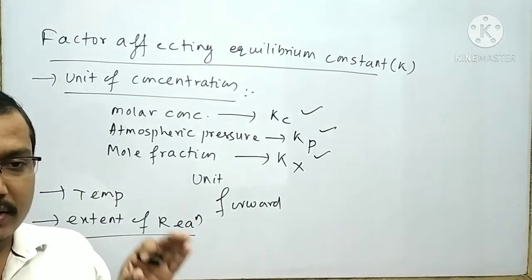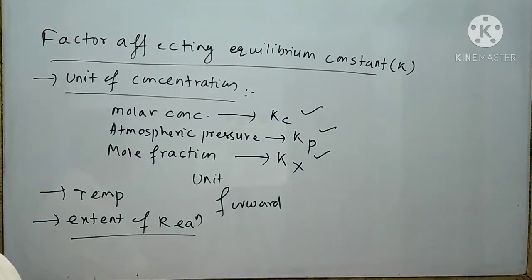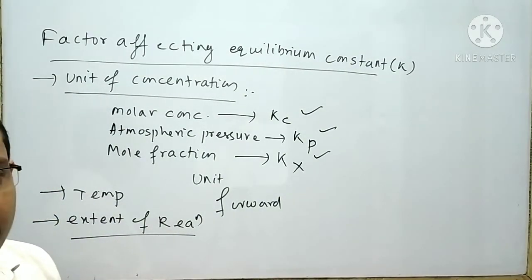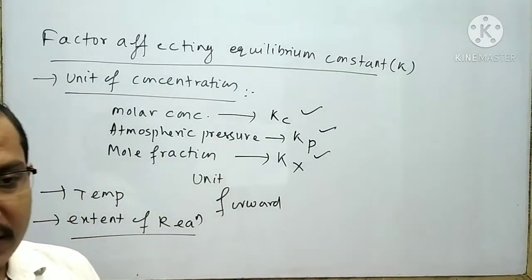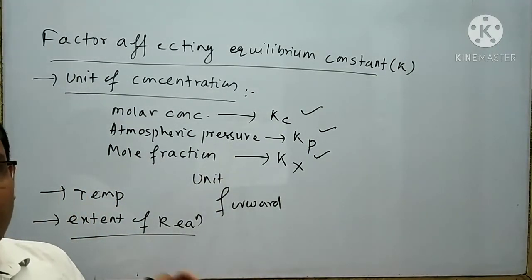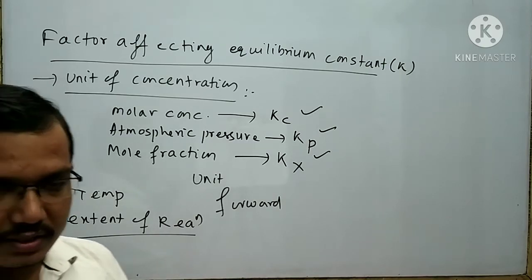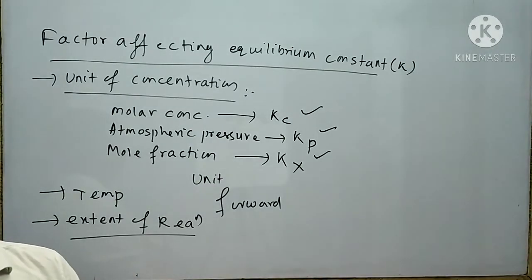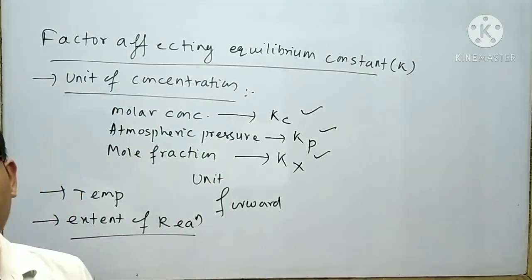Similarly, if the reaction is at equilibrium, that means K value is nearly equal to 1. Similarly, if hardly any products are formed, then the K value is very small. These are the different factors which affect the value of the equilibrium constant.